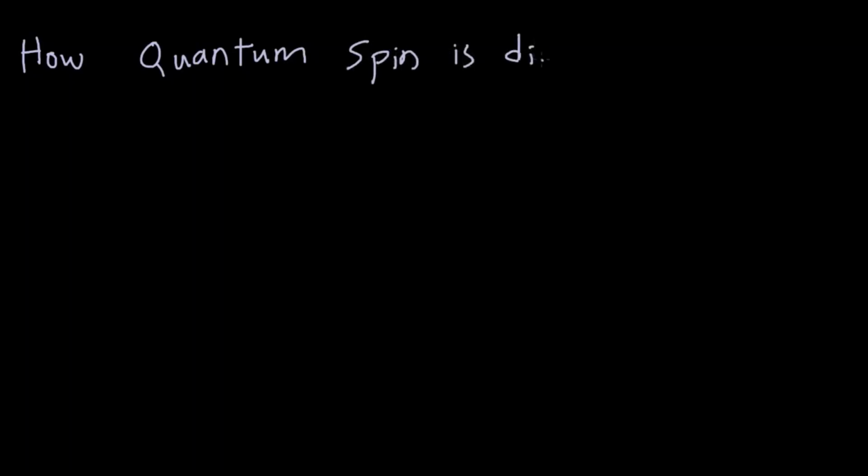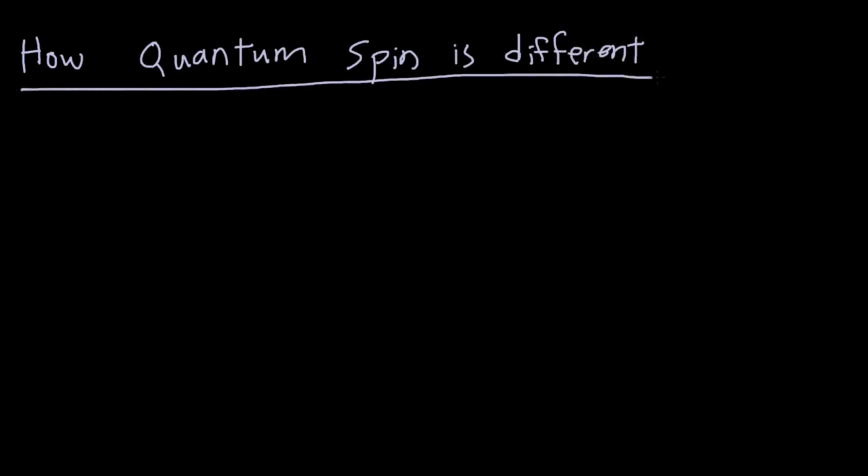All right, so after all of that, we're finally going to talk about quantum spin, and how quantum spin is different from the regular way of thinking about vectors. So there are two huge differences.